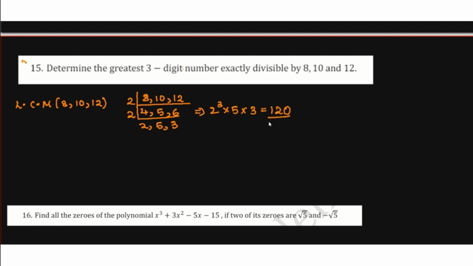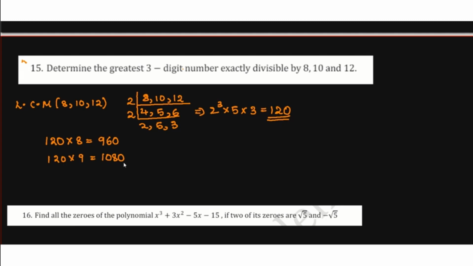Now I am going to find the greatest 3-digit number in the 120 table. We know that generally the greatest 3-digit number is 999, but 999 is not divisible in the 120 table. So 120 into 8 is 960. And when I go to 120 into 9, it comes out to be 1080.